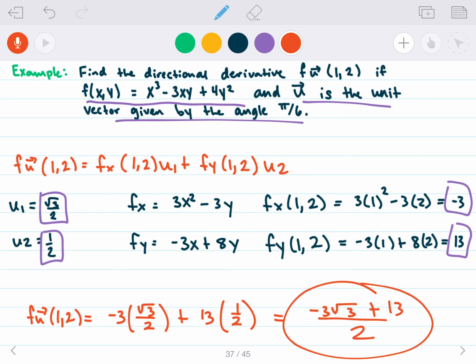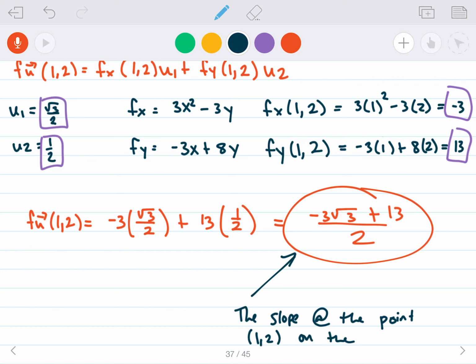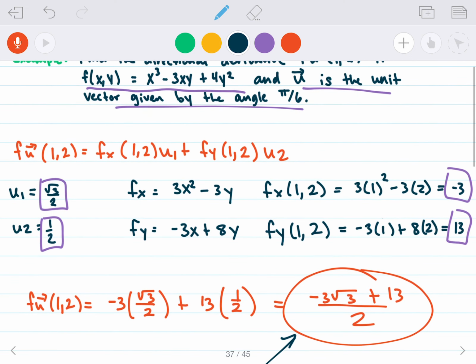Okay, so this is my answer. What did I just find? The slope at the point (1, 2) on the surface, x cubed minus 3xy.